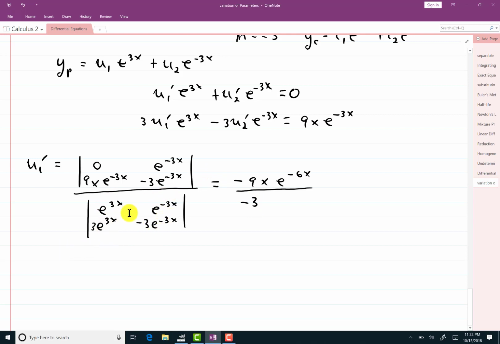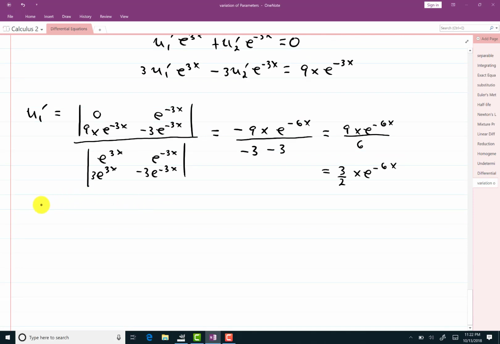Then I'll have to minus another 3. So here the exponents cancel themselves out. And it looks like we have 9x e to the negative 6x over 6, or with a small amount of simplifying, 3/2 x e to the negative 6x.